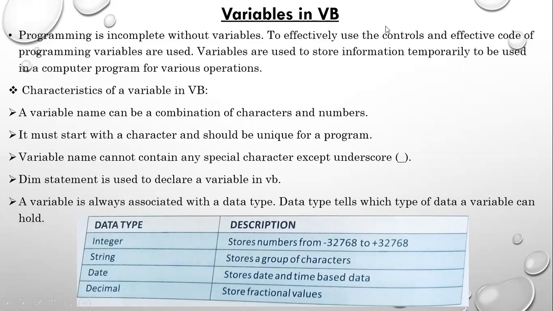To effectively use the controls and write effective code, variables are used. Variables are used to store information temporarily to be used in a computer program while you run this for various operations. Now also these have specific characteristics.